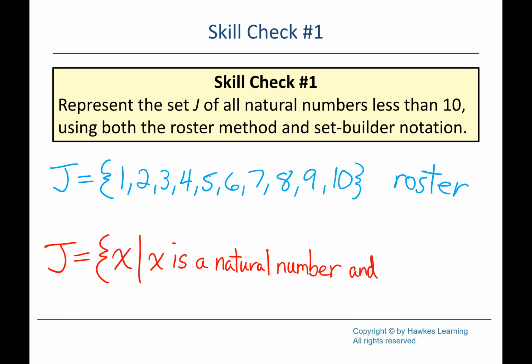It's got to be less than 10. Yeah, so x is a natural number and x is less than 10. There's our set builder notation there.